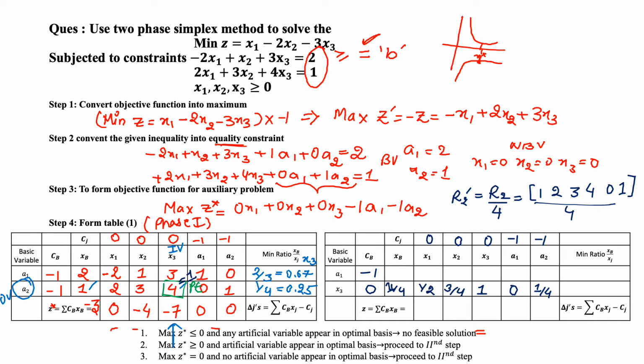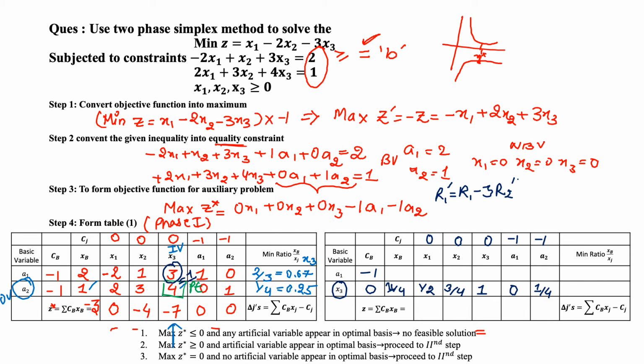Now how will we get the new R1? The new R1 you will get by applying the operation: new R1 is old R1 minus the pivot element, that is 3, into the new pivot row, that is R2 dash.